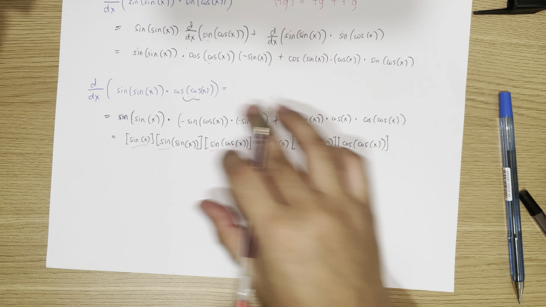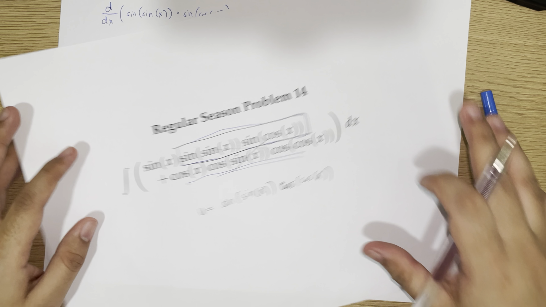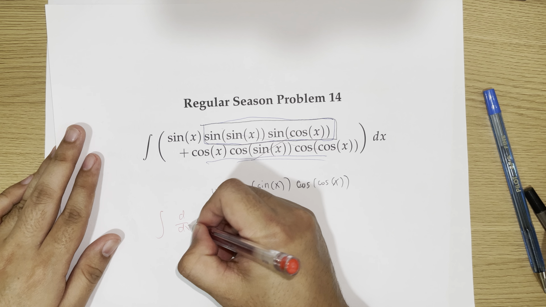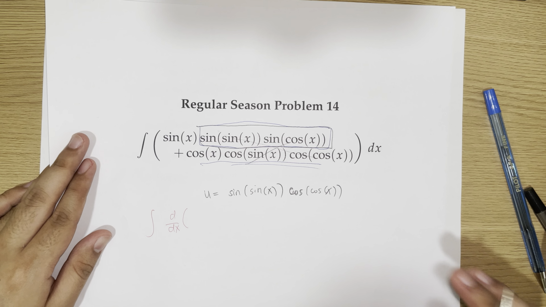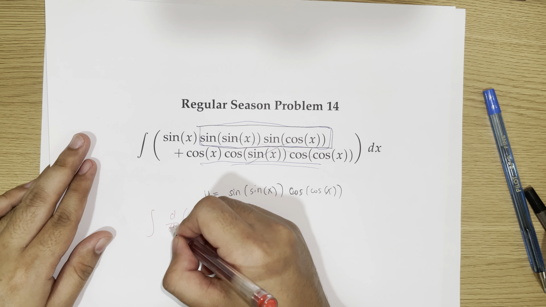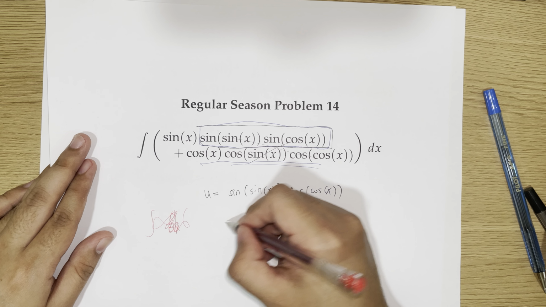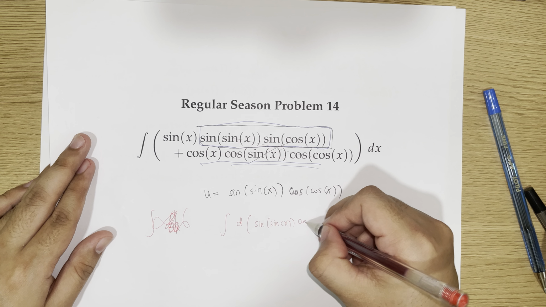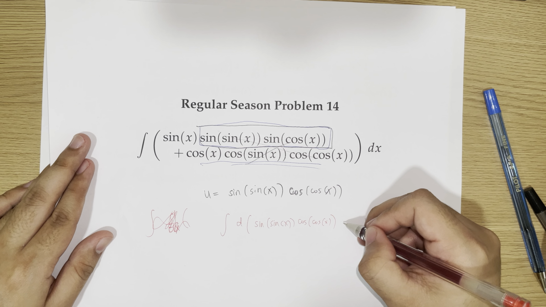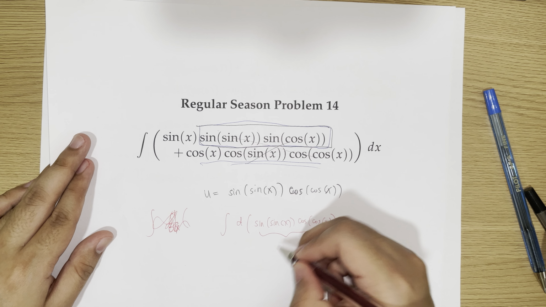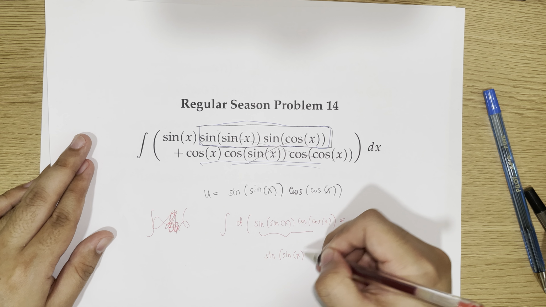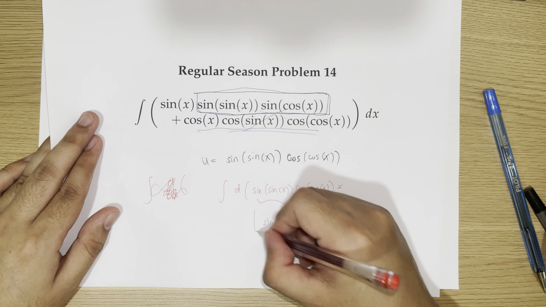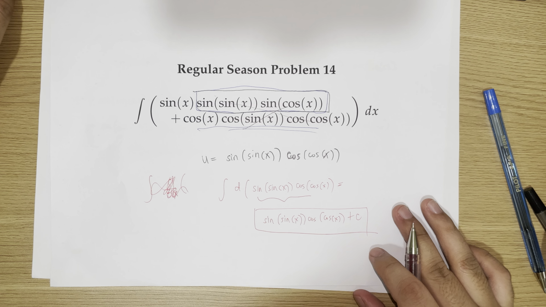Therefore, the antiderivative of this thing right here should be the antiderivative of d of sine of sine of x times cosine of x, which should give you just the inside, sine of sine of x cosine of x, plus c. And that's our final answer.